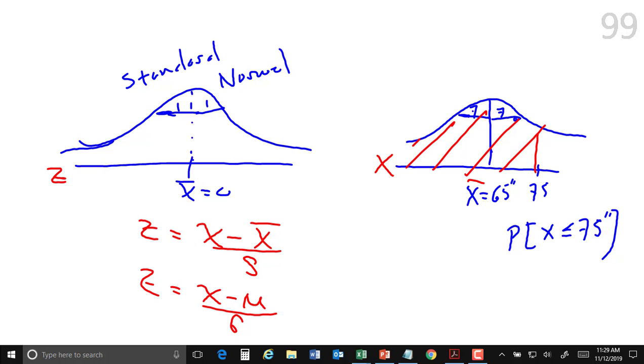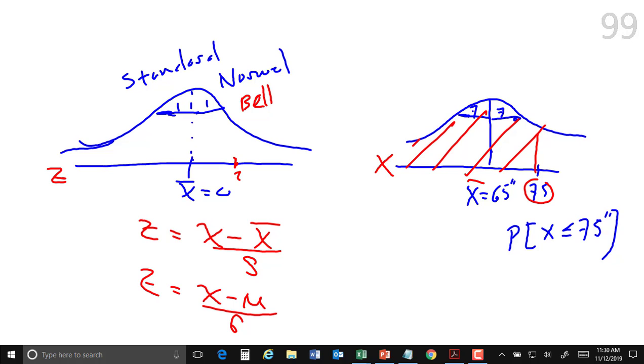That's the standard normal bell curve, if you will. Because it's been standardized, this one has to be morphed over to this side. So I have to take 75 and morph it over here to see what number it would represent on the Z scale.